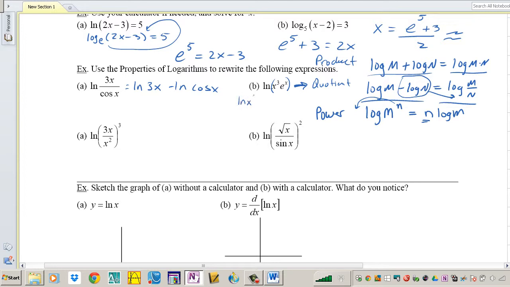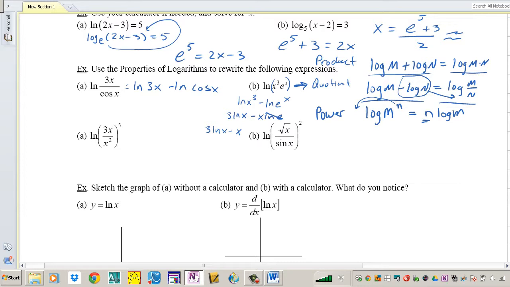ln of x to the third minus ln of e to the x. Now, the powers become multiples. ln e goes away, so my final answer is actually just 3 ln x minus x.